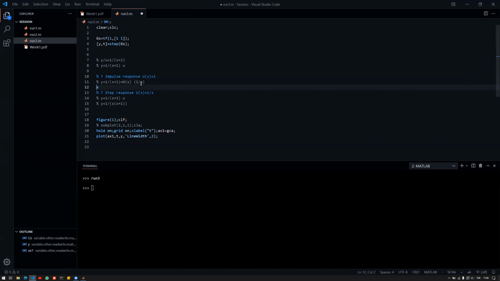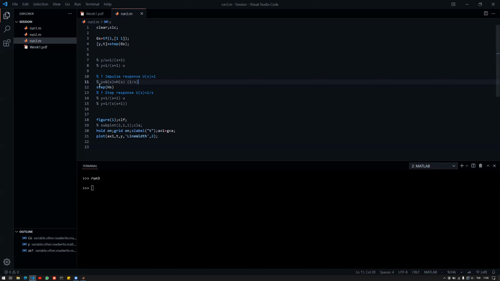If I call step H(s), it should correspond to the impulse response of G(s). Instead of calling some other function that calculates the impulse response of G(s), I want to generate another transfer function that will give me the impulse response of G(s).